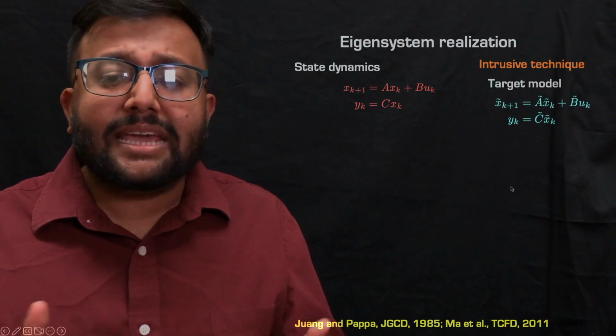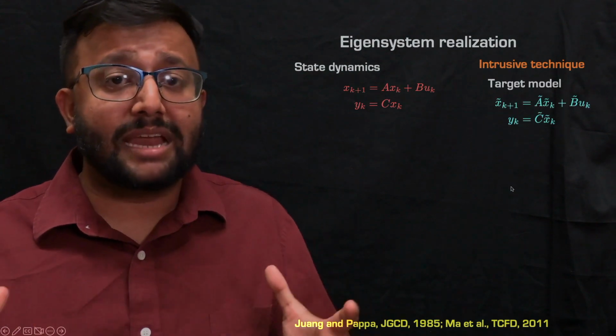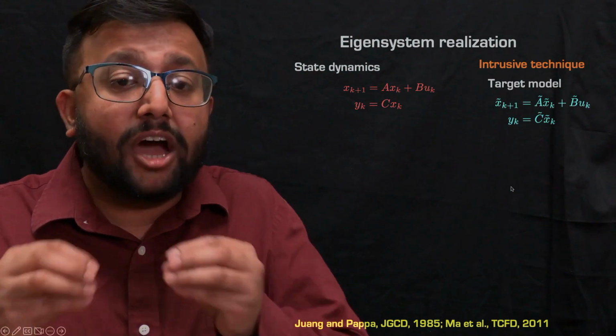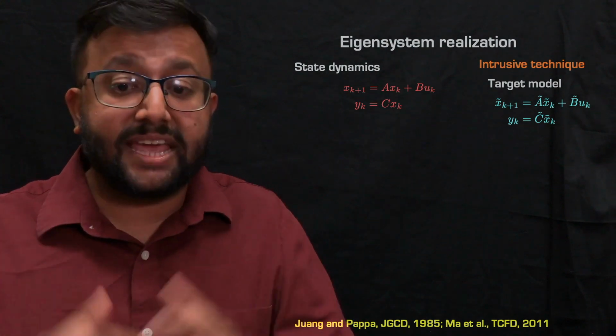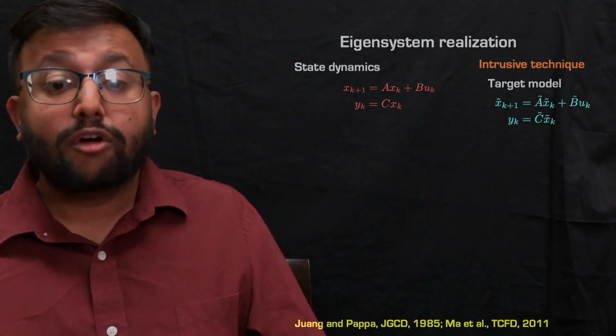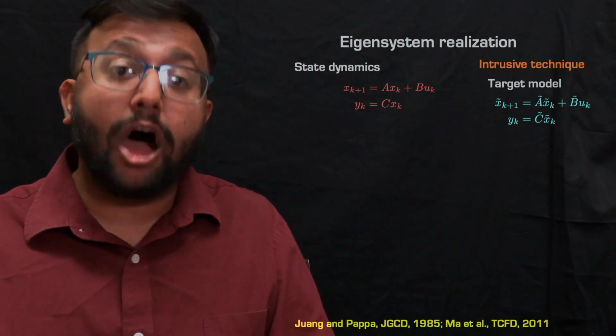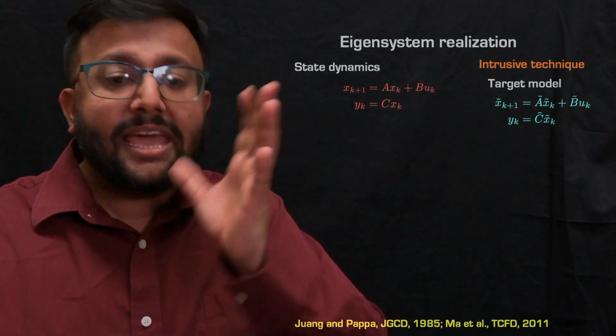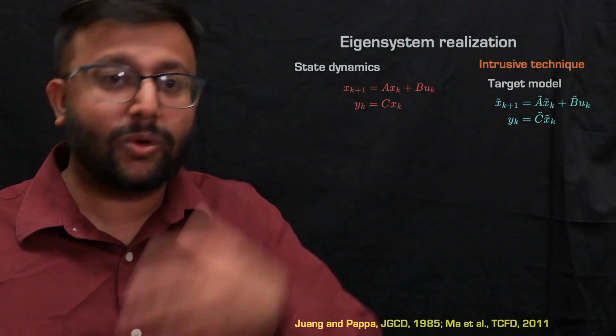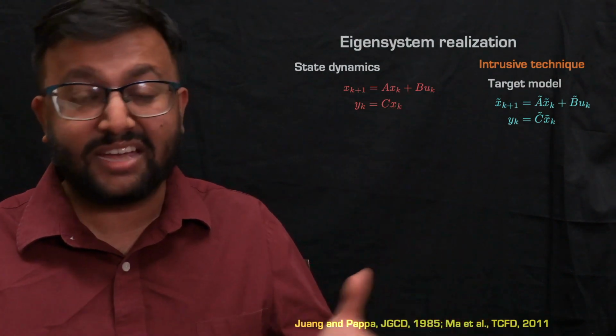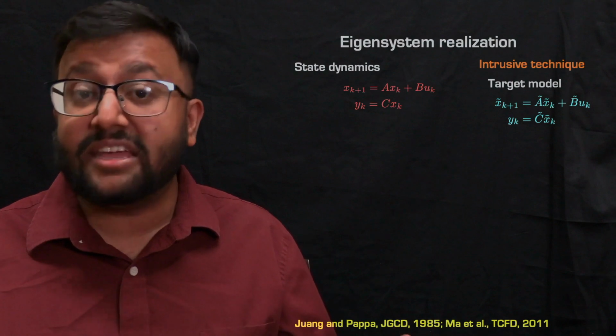So the main idea behind the eigensystem realization is to find a reduced order state space representation for the same inputs u and outputs y. So everything else in the system can change. A, as you remember, if it's a linearized governing equation, is fairly high dimensional.